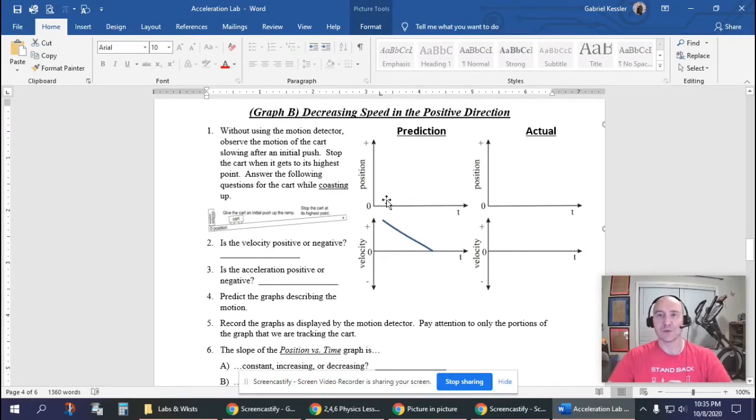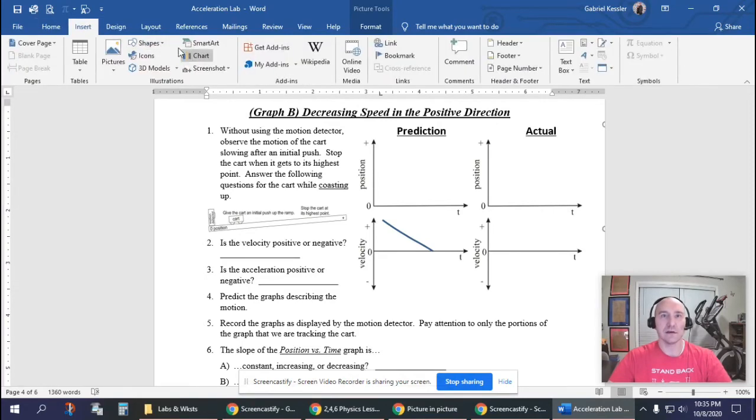All right. So what does the position versus time graph look like? Well, we're going to be moving away. So the position is going to be increasing, but we're going to be slowing down until we eventually stop. So every second that passes by, we're going to be gaining less distance until the very end where we gain no distance at all. So let's see what this looks like.